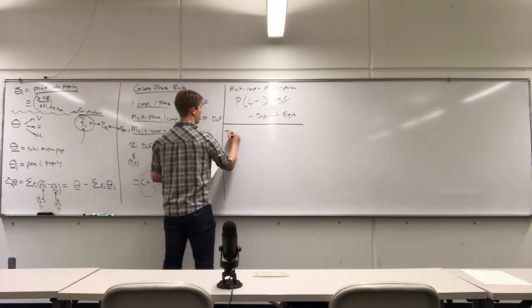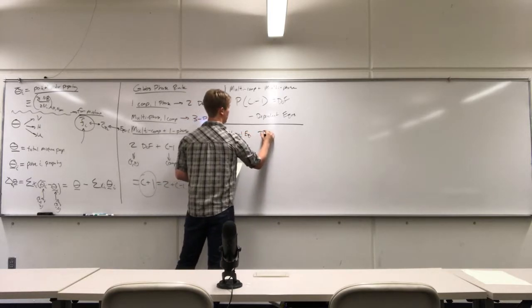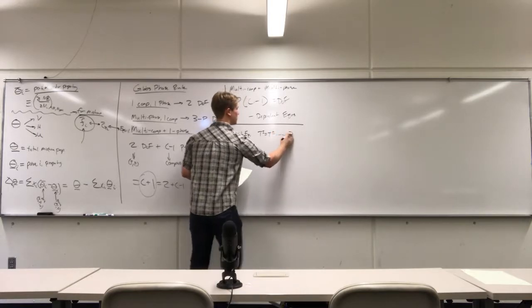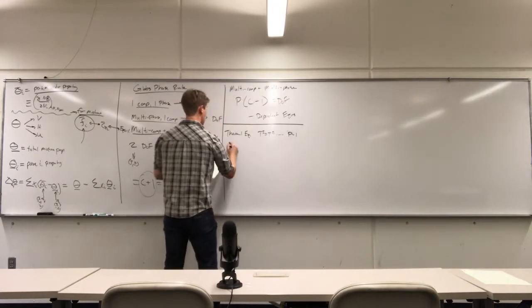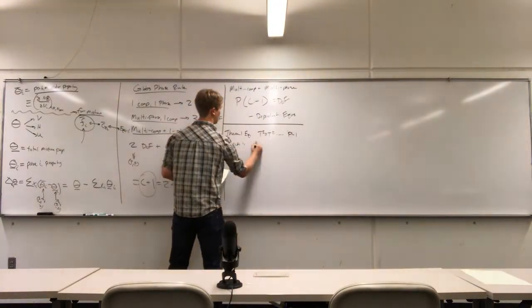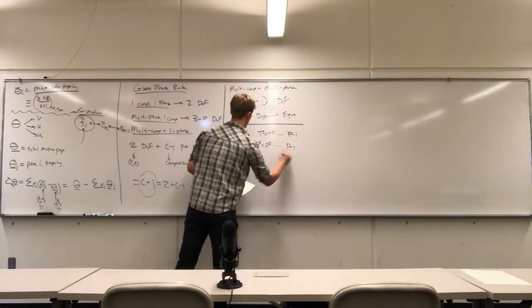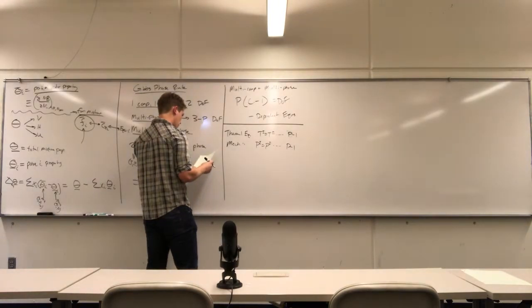So we have thermal equilibrium. T of phase 1 equals T of phase 2, and so on. This gives us P minus 1 expressions. We have mechanical: P of 1 is equal to P of 2, P minus 1. And then for chemical equilibrium, we have a little bit different.